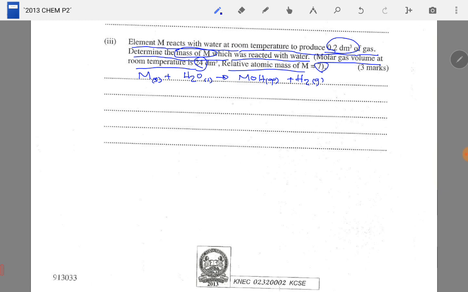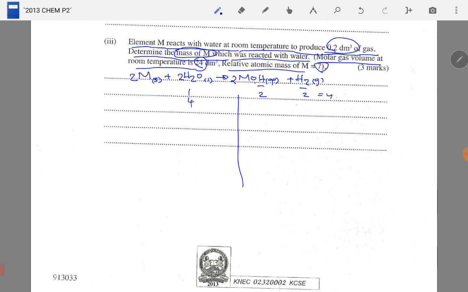Balancing, we try from this side. Yes, if we place 2 here, then the hydrogens become 2 plus 2, 4. So we place 2 here to make the hydrogens 4. And oxygens become 2, so balanced. So M only this side. And then now we go to the calculations.